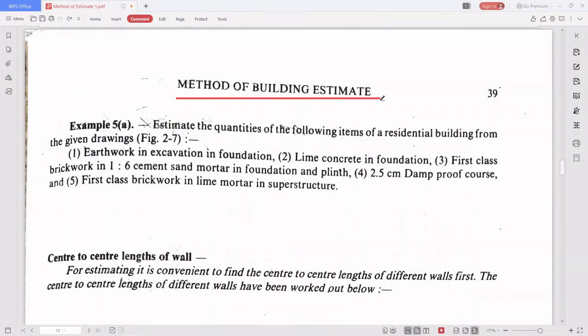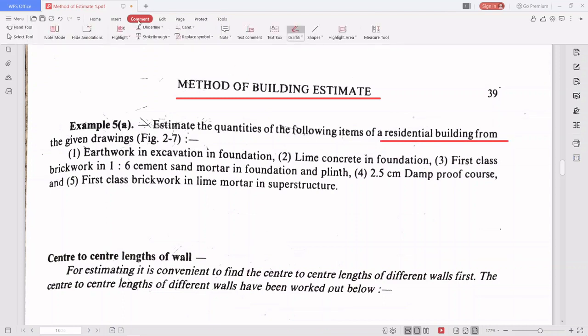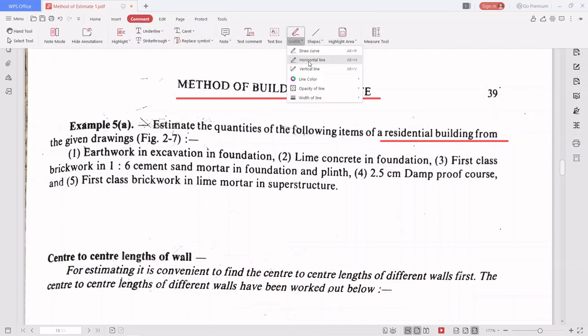So today in this session, we are going to estimate the quantities of the following items of a residential building from the given drawing. Today we will see a pure residential building.